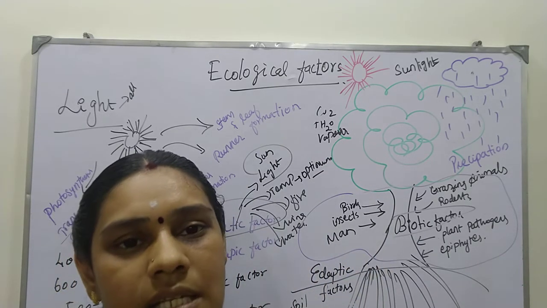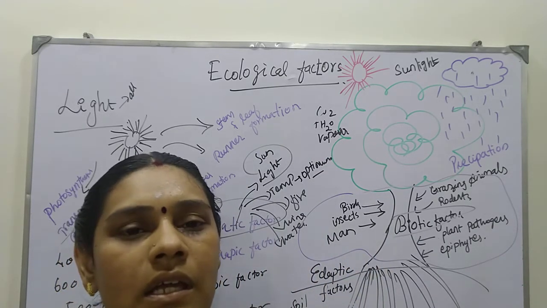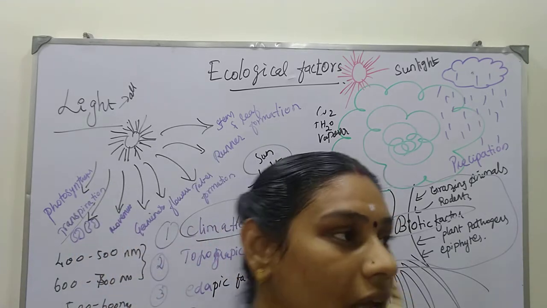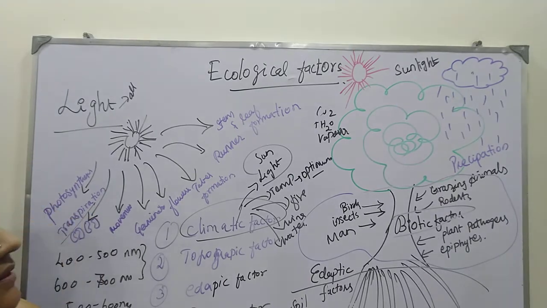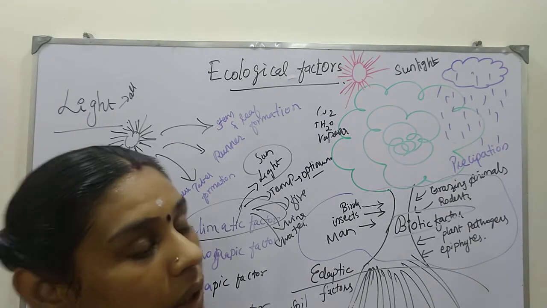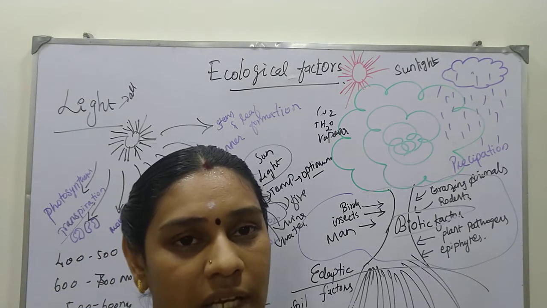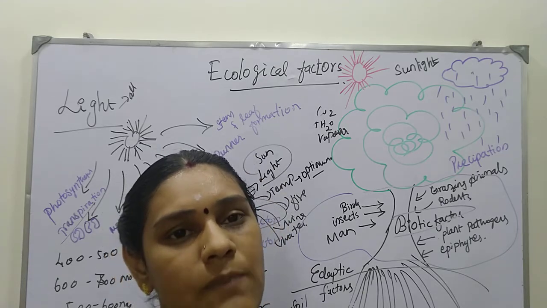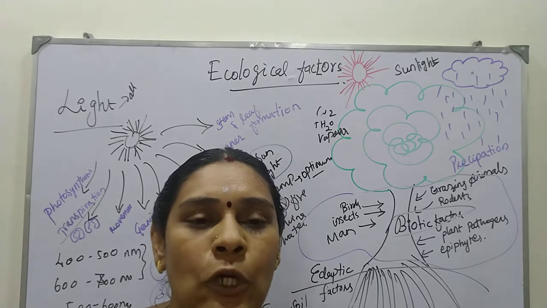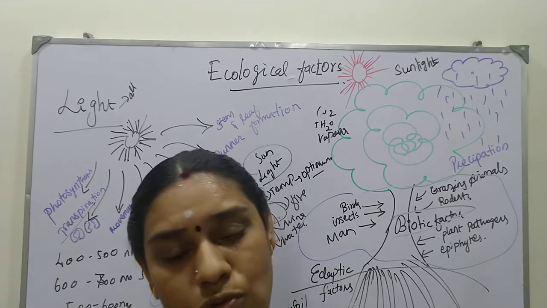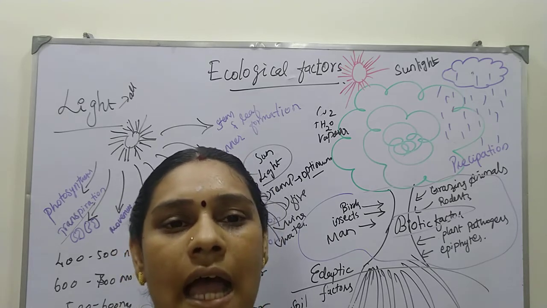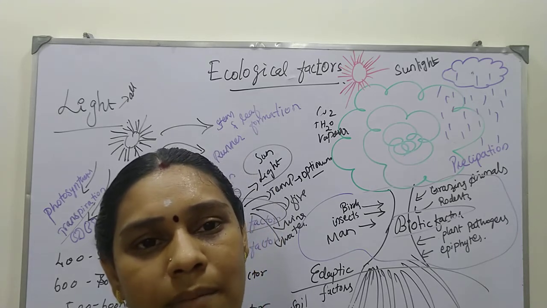And there was a scientist, his name is Raunkiaer. He classified the plants into four types of vegetation based on temperature. That is megatherms, mesotherms, microtherms, and finally hekistotherms.